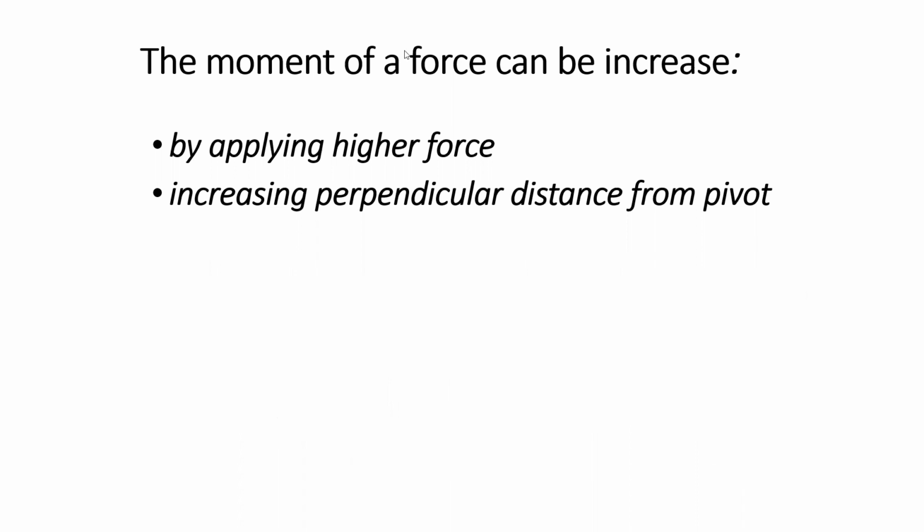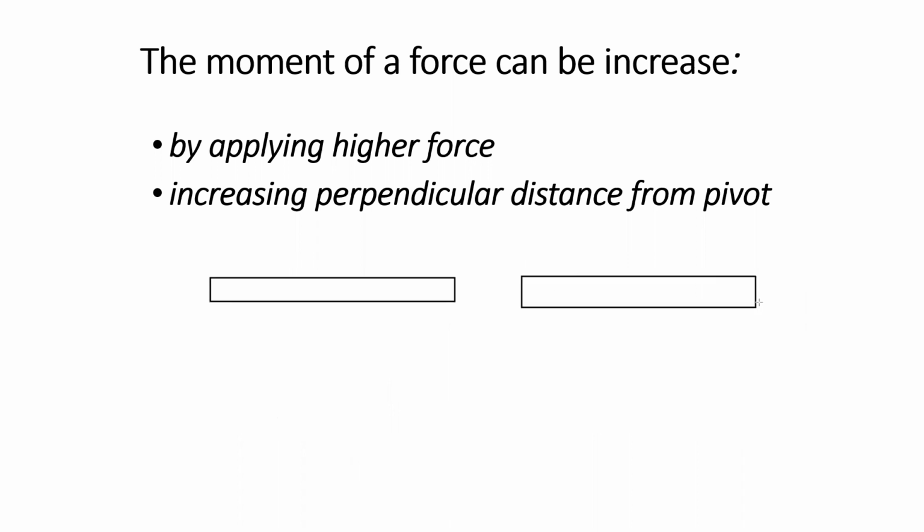And if we increase the perpendicular distance, we are applying the same force, 10 Newton, but applying it from a greater distance from the pivot. Without calculation, can you identify which will have a greater turning effect or greater rotation, A or B?